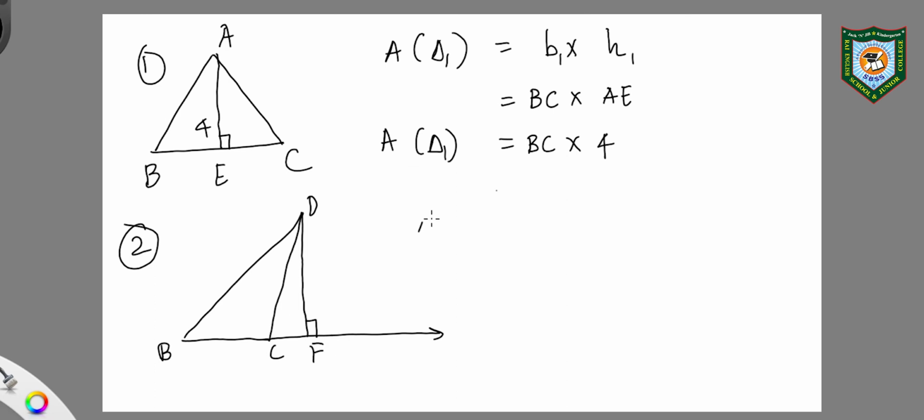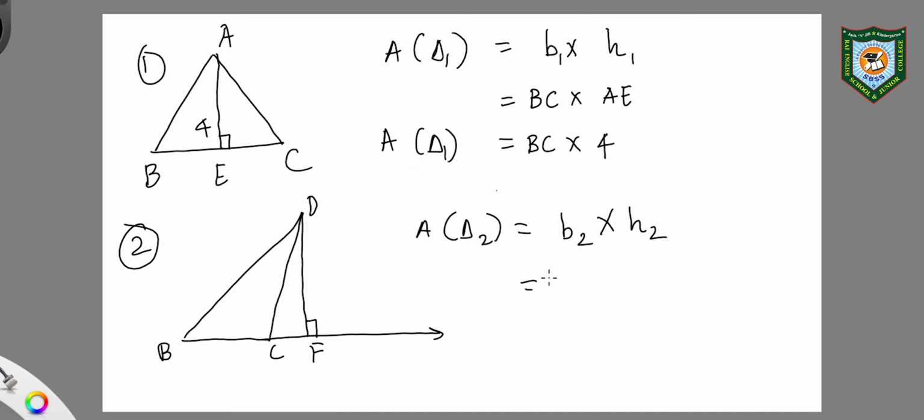So area of triangle 2 is equal to, again, base 2 into height 2. Now here, as DF is perpendicular to the line BC, we have to assume that DF is the height or altitude from base BC.